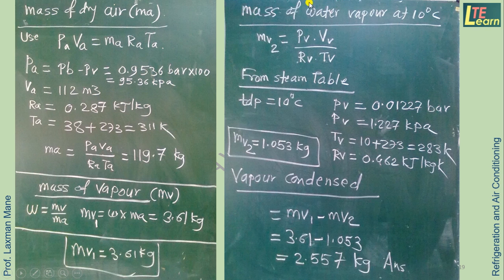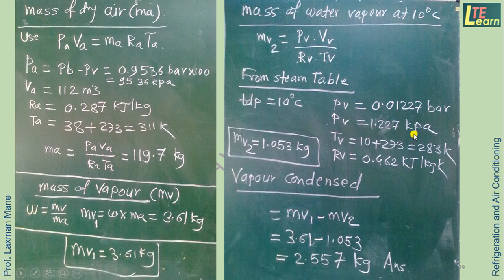Then we are going to calculate the mass of vapor when the temperature in the room reaches 10 degrees Celsius. So here next is MV2. We use the formula PV into VV upon RV into TV. In this case, we have to use the temperature of 10 degrees Celsius. For this temperature, from the steam table we get the value of PV in bar.